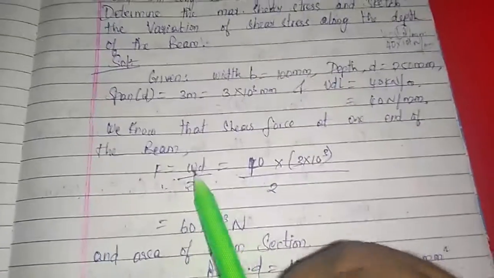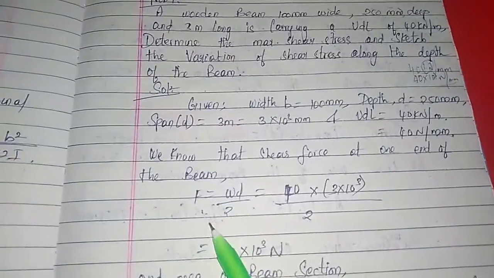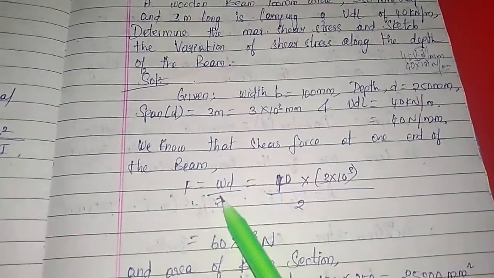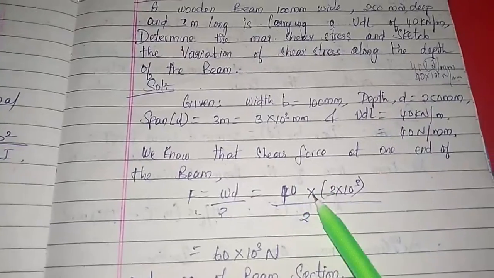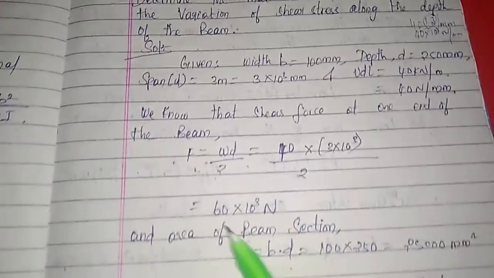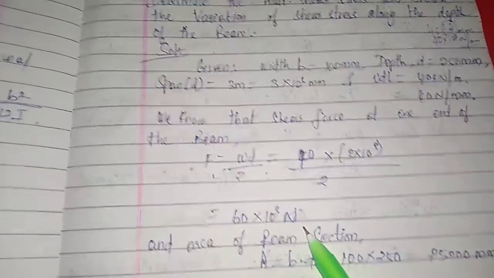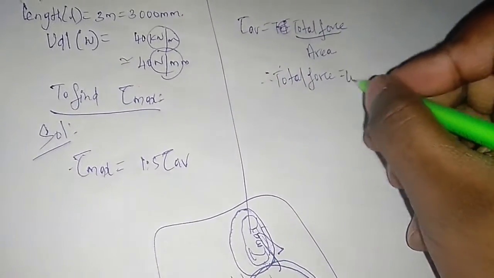Force is equal to WL by 2 for a rectangular beam. WL by 2 is equal to 40 into 3, 3 into 10 power 3, also divided by 2. So you have calculated your load as 60 into 10 power 3 Newton. So now you have found the force, using this formula.